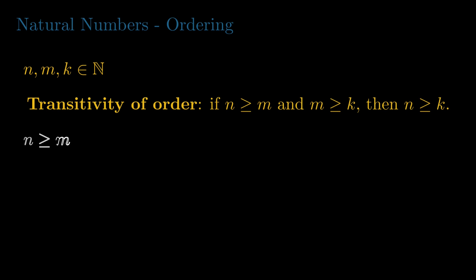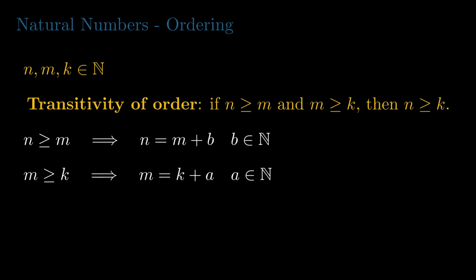The relation n greater or equal to m can be written as n equals m plus b. In the same way, m is equal to k plus a. Now let's take the first equality and let's write it using the expression of m. We get n equals k plus a plus b.